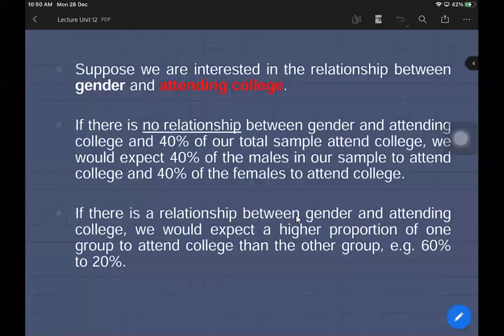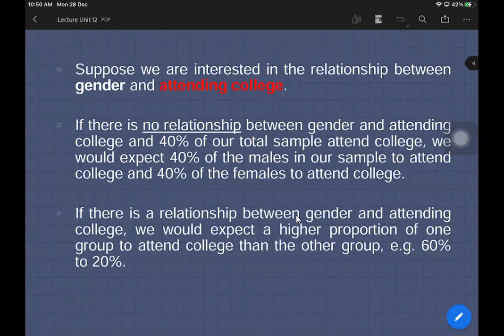I mean, is gender affecting the entry to attend college? Let's say the total sample of youth attending college is 40%. We would expect 40% of males and 40% of females in the population to attend college.